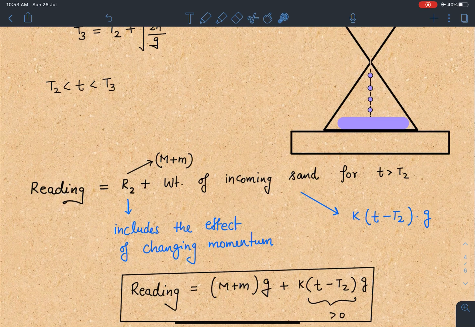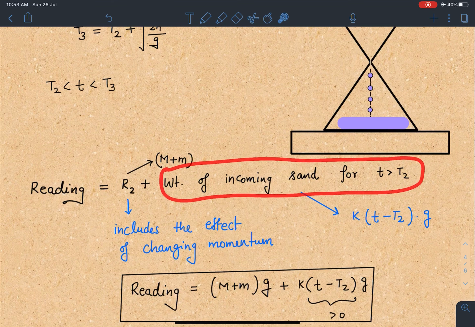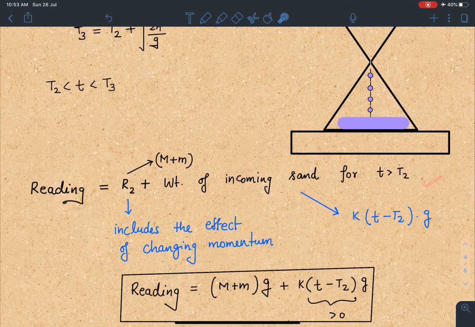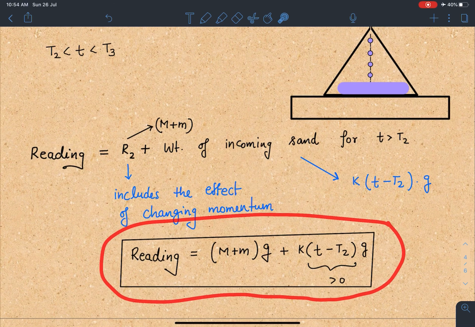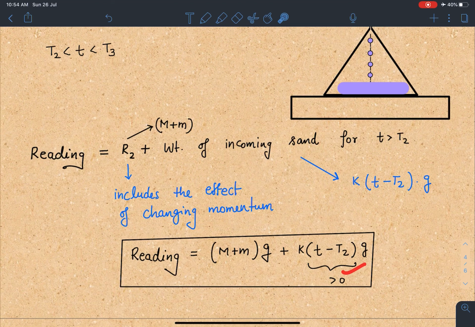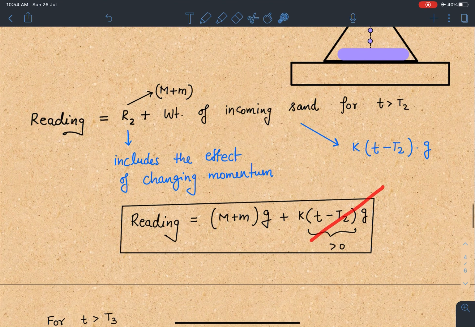So all I need to write is the weight of incoming sand for t greater than t2, which I can simply write as k times t minus t2 times g, where t is lying between t2 and t3. So this will be my reading for this time interval, and you can see this is slightly larger than this and it is increasing linearly.